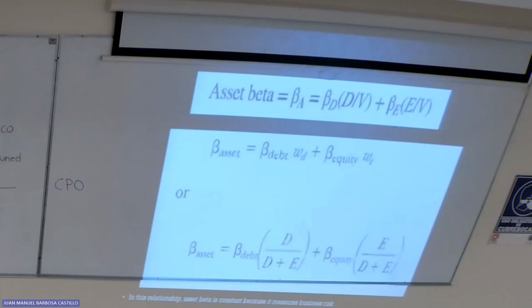We said that beta measures what type of risk? Market risk, right? So the risk that the change in interest rates, among other market conditions, affect unfavorably the results of the company.